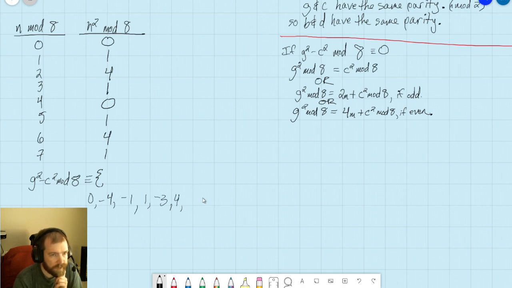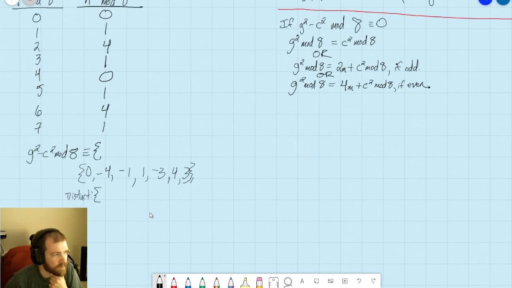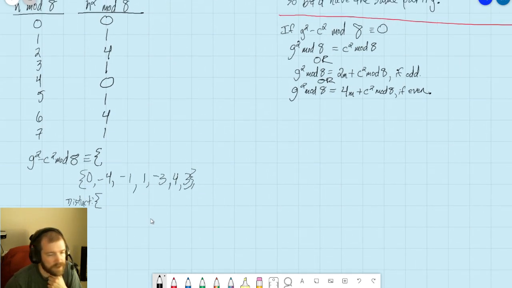We could have 4 minus 1 is 3. 4 minus 0, 4 minus 1, and 4 minus 4 is 0 again. 4, 5, 6, 7. All right, so 7 different cases. But again, 4 and -4 are the same.